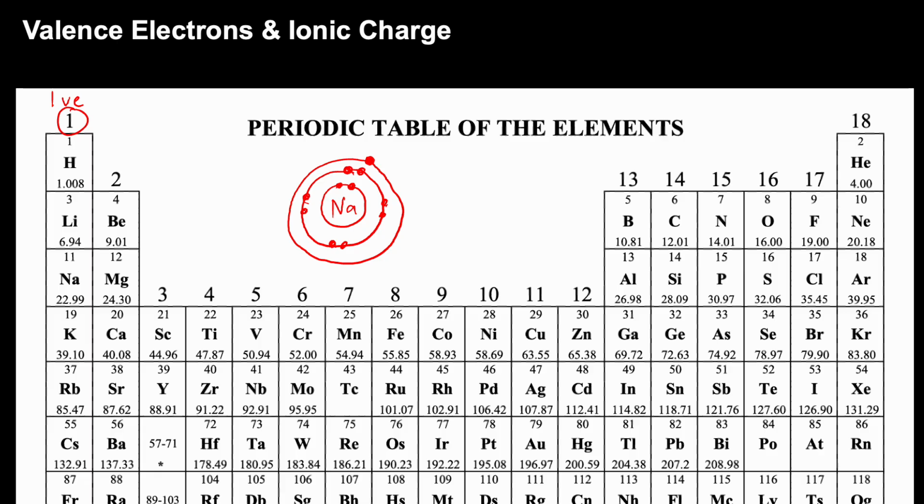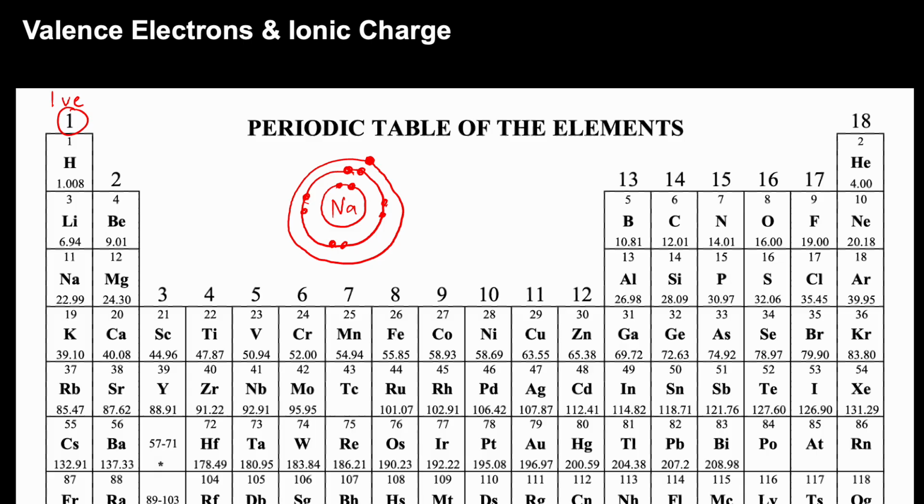So here, if we're looking at sodium and we want sodium to be more stable, we would look at whether sodium is going to donate or accept electrons. Now we know in order for it to be stable, it needs to have the octet rule or 8 electrons. Now, do you think it is more probable for sodium to gain 7 electrons to become stable or just lose the 1? The answer is just losing the 1.